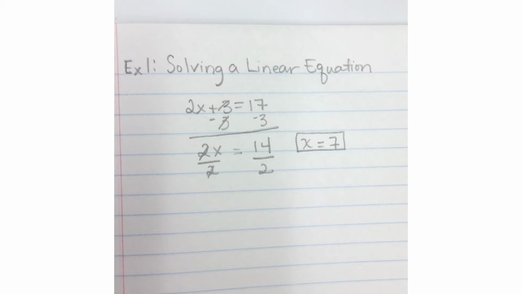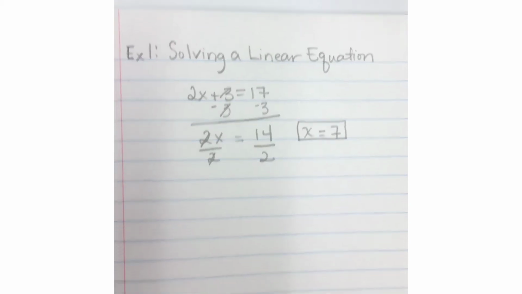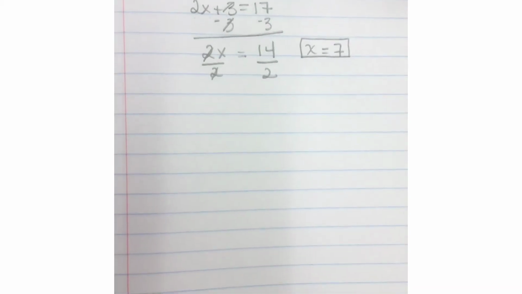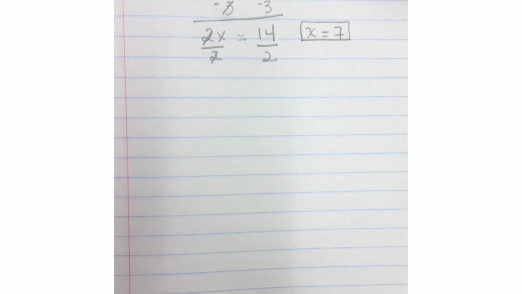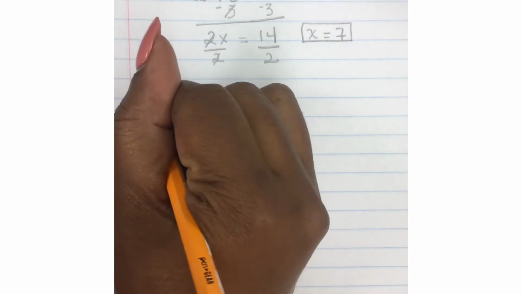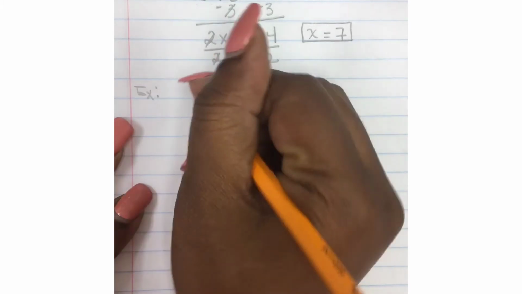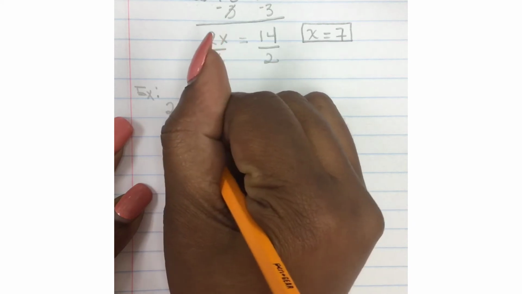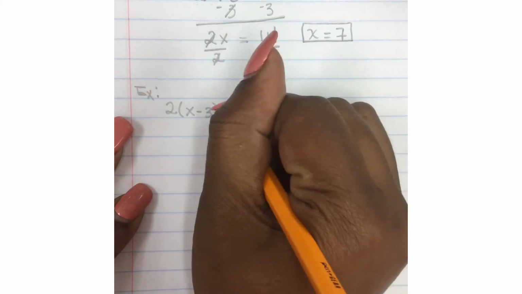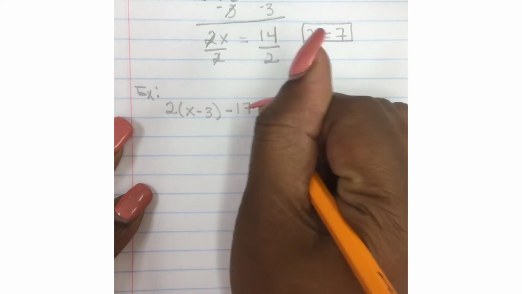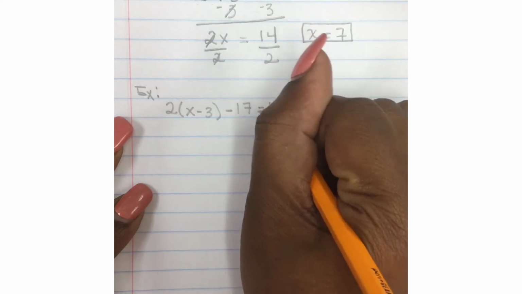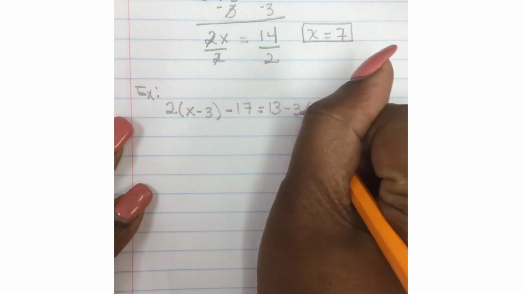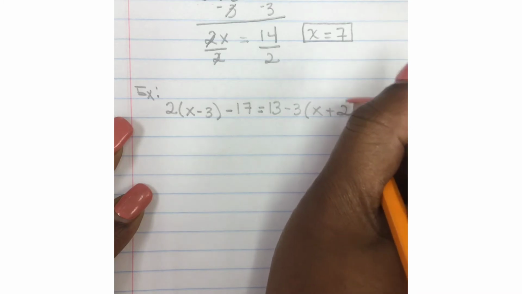Now, let's look at another linear equation where we have a few more steps involved. And let's say that we have 2 times x minus 3 minus 17 equals 13 minus 3 times x plus 2.